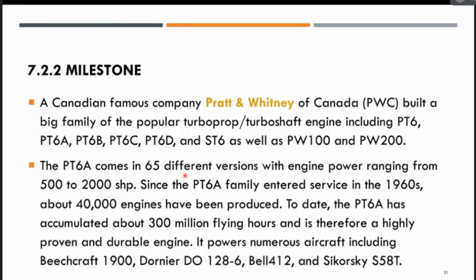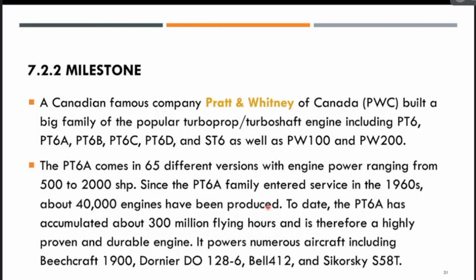It is evolving and has many different versions, with engine power ranging from 500 shaft horsepower to 2000 shaft horsepower (SHP). Since the PT6A family entered service in the 1960s, around 40,000 engines have been produced.